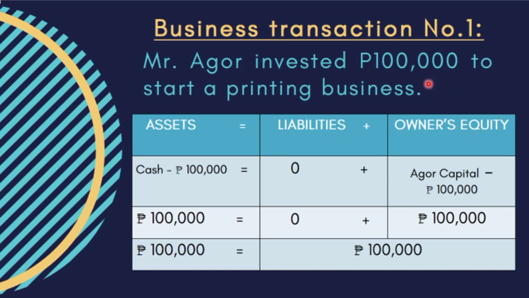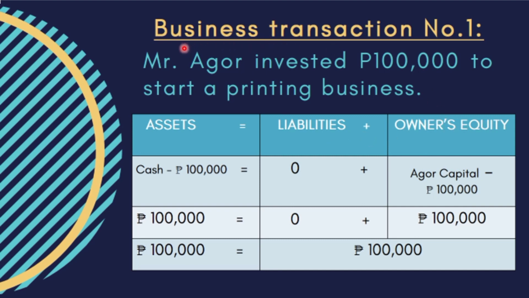On this transaction, we will analyze which account titles are under assets and which are under liabilities and owner's equity. A while ago, I said that the assets are the debit account and the liabilities and the owner's equity are the credit account.